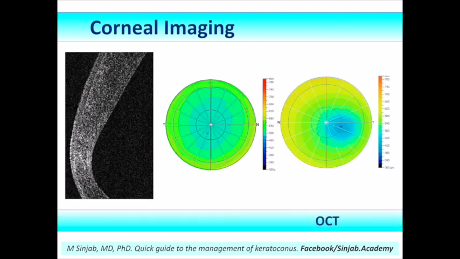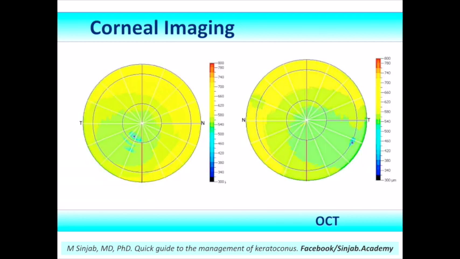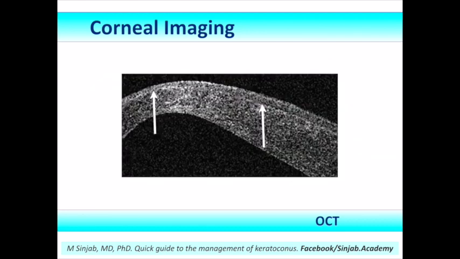By the anterior OCT, we can obtain a full thickness map or a pachymetry map. The pachymetry map taken by the OCT can show us the focal thinning, and the most advanced technology in this regard is the epithelial layer mapping.